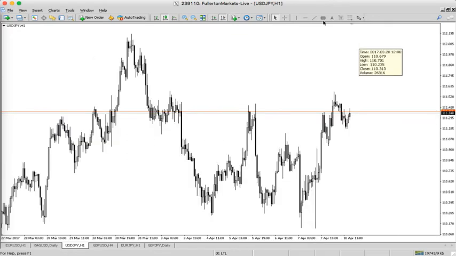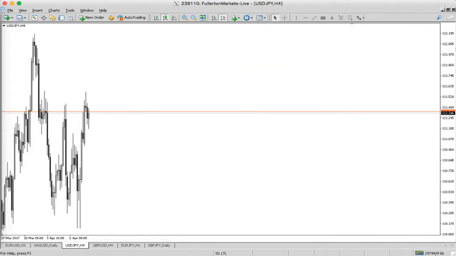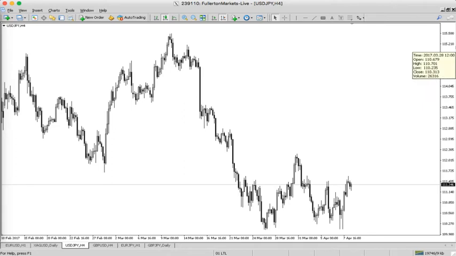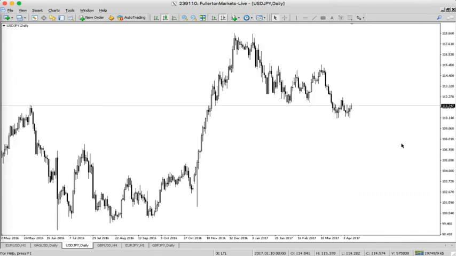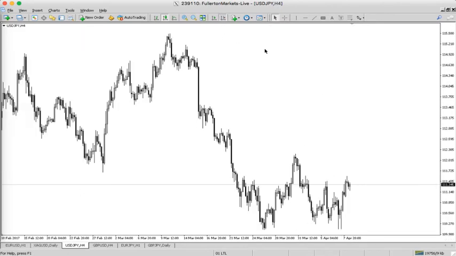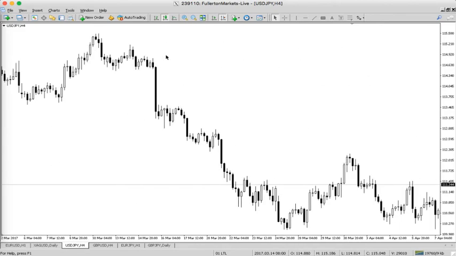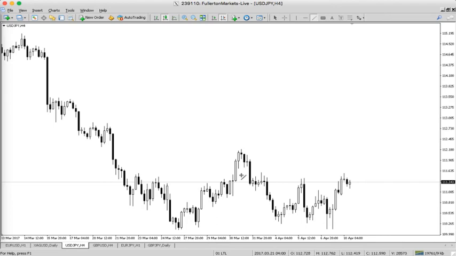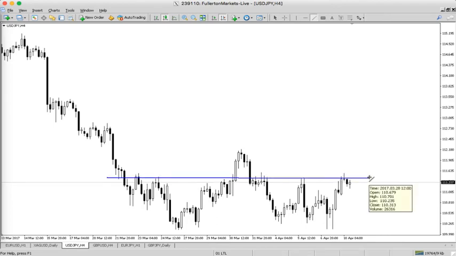Okay, so this is the hourly chart. This is the H4 chart, and finally the daily chart over here. Okay, I'll go with the H4 chart, which is still in line with what we have written in our weekly research.